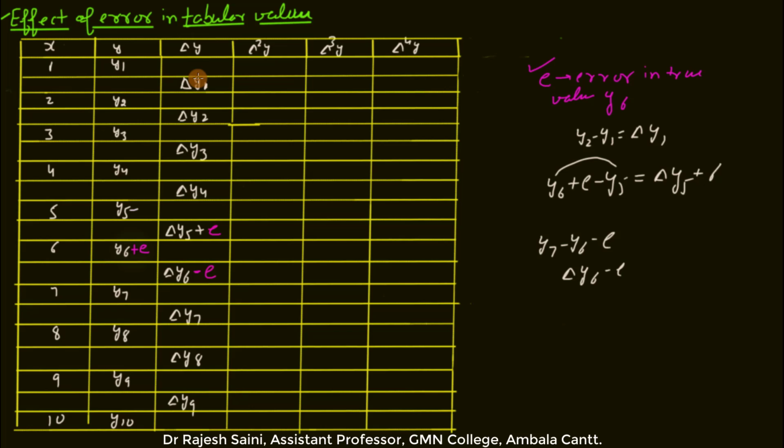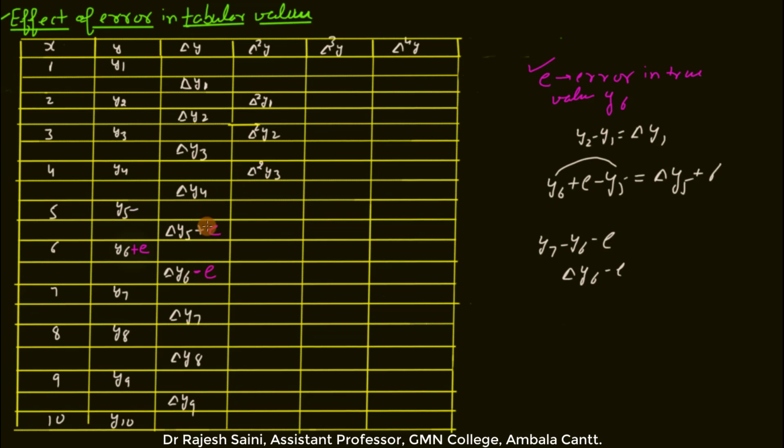Delta y2 minus delta y1 is nothing but delta square y1. Delta y3 minus delta y2 is nothing but delta square y2. Similarly, it will be delta square y3.